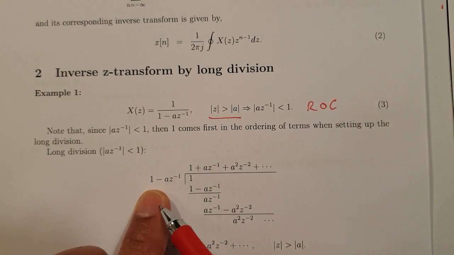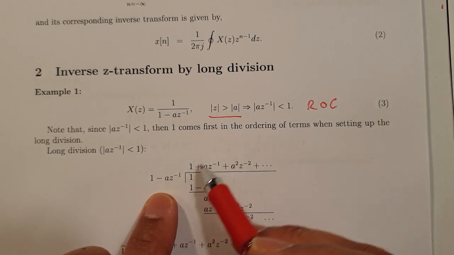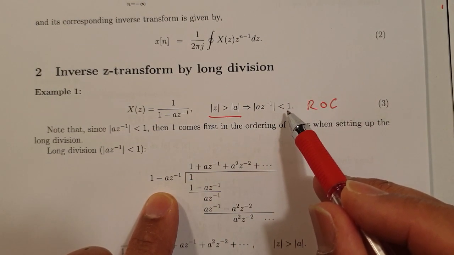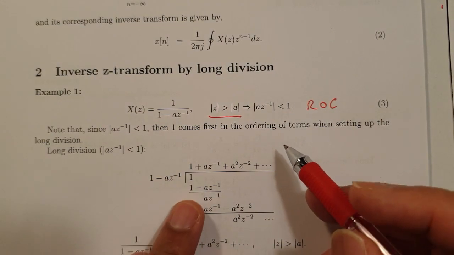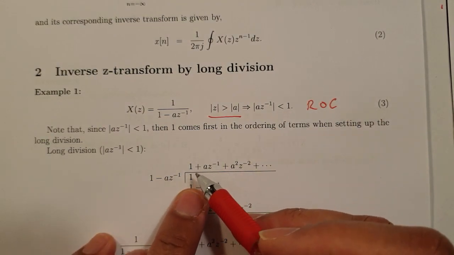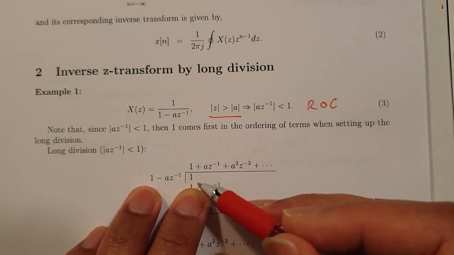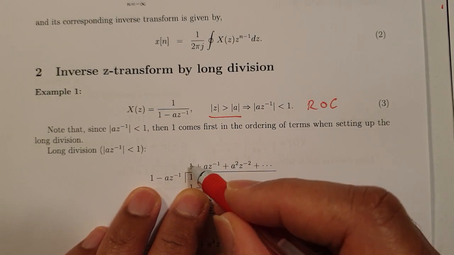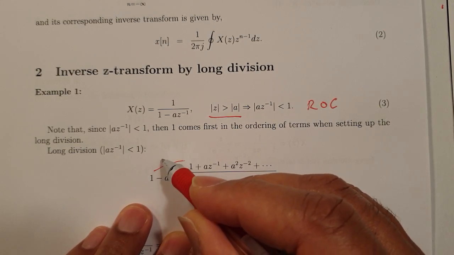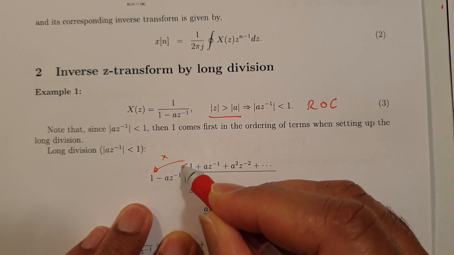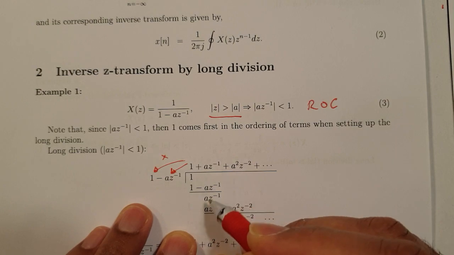So when I order the terms here, I have to follow what the region of convergence is telling me. Then I start dividing and finding a number that multiplied by 1 will give me 1. It's 1, of course. Then I multiply 1 by 1 and 1 by this, and I set it up here.